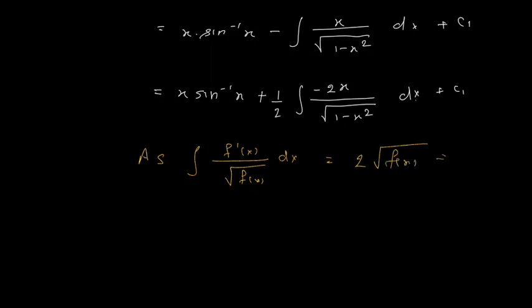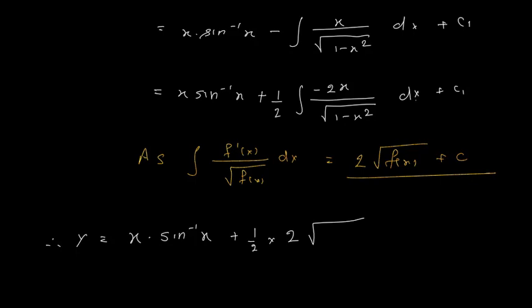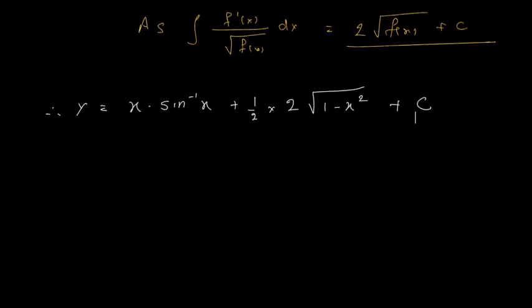This is the formula. Therefore our y is equal to x into sine inverse x plus 1 by 2 into 2 root of 1 minus x square plus, now this constant c and the other constant c1, they all club together and I will get a new constant c. Now this 2 and 2 will cancel.